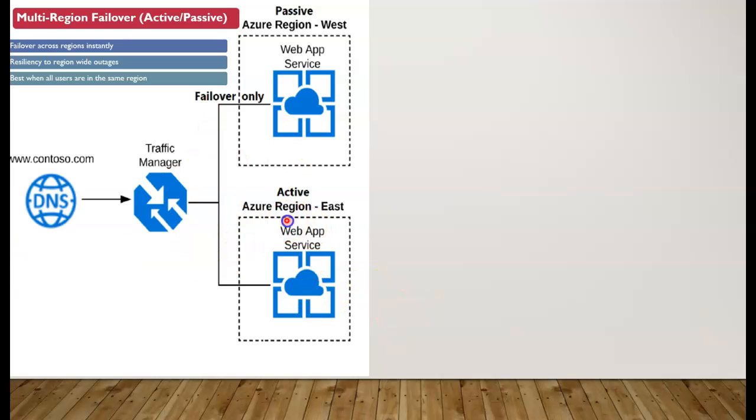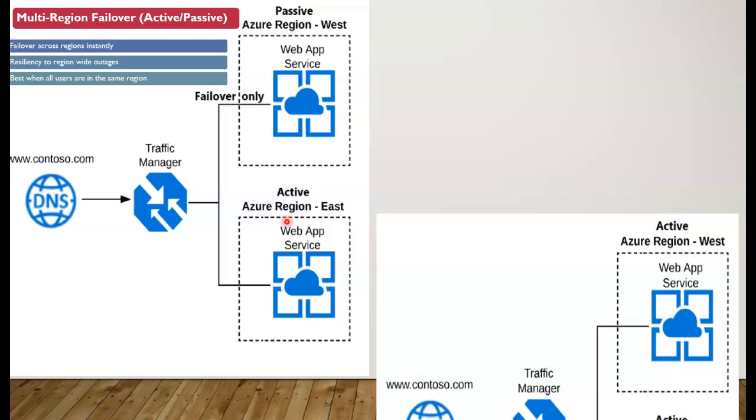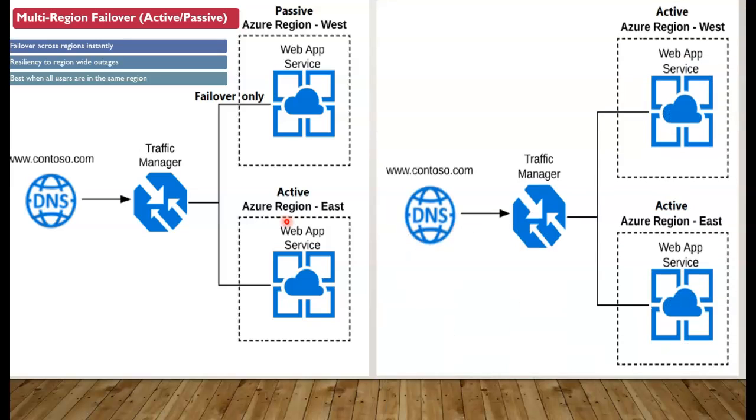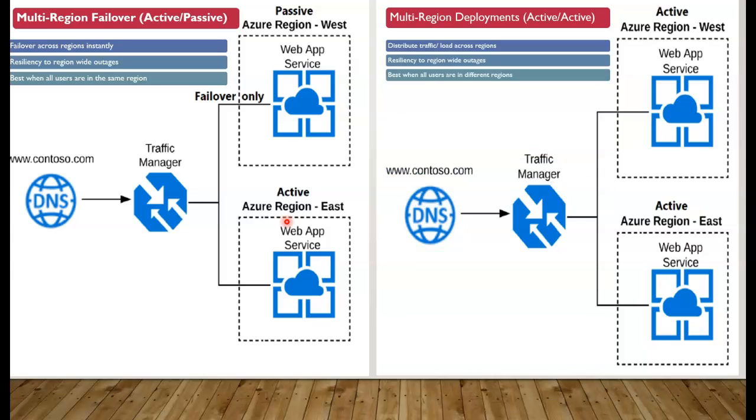Now when we look into an even better setup, an active multi-region deployment, we can see that in the image on the right side. Unlike active passive, where we have an entire region deployment but not being used, active has us deploy all of our assets to multiple different regions.